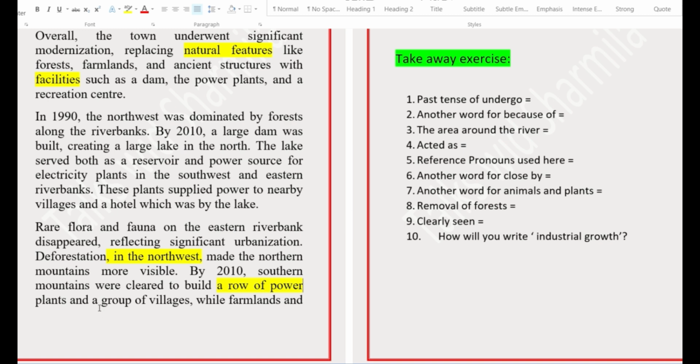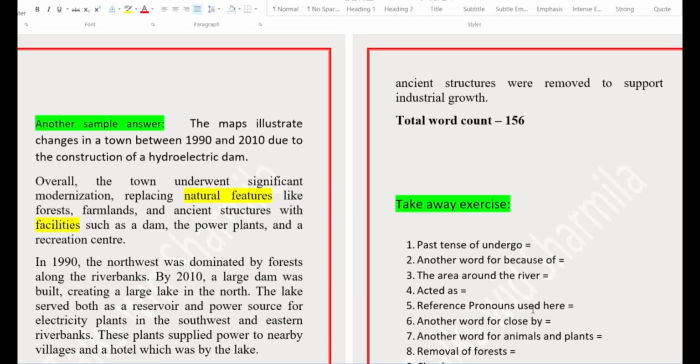So it is a group of villages, while farmlands and ancient structures were removed to support, to encourage, to give way for. So these are the other words. To support what? Industrial growth. The word count is 156.